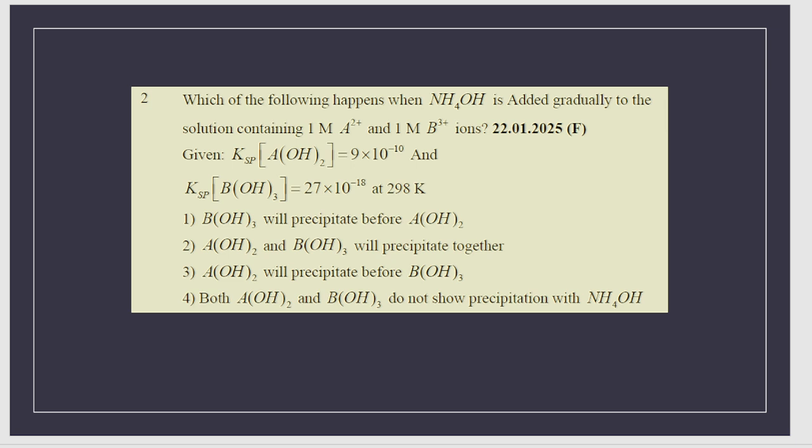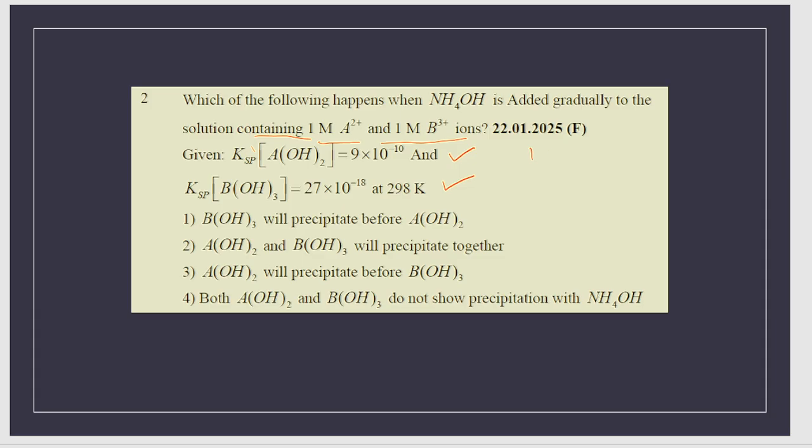Which of the following happens when NH4OH is added gradually to the solution containing 1 molar A plus 2 ion and 1 molar B plus 3 ions, and they have given the Ksp values of both A(OH)2 and B(OH)3. Now listen carefully. If you look at the options here, they are asking which among the two hydroxides precipitates first.